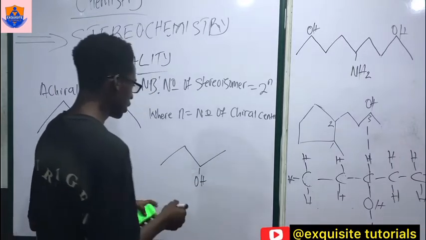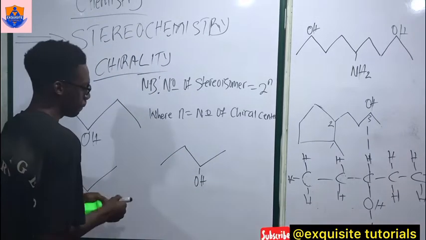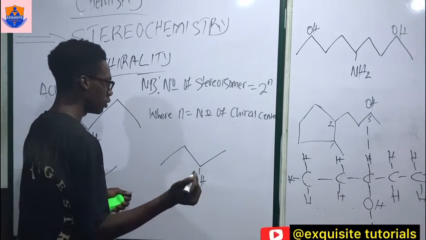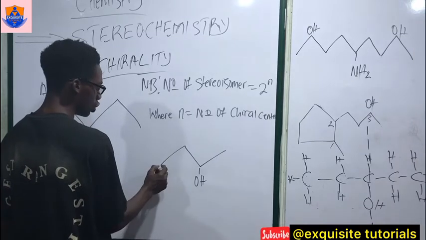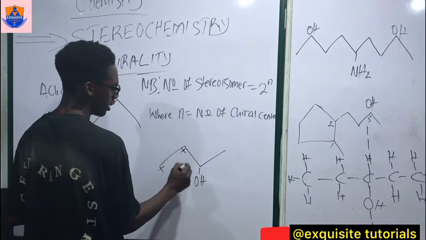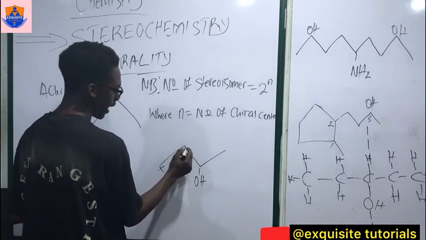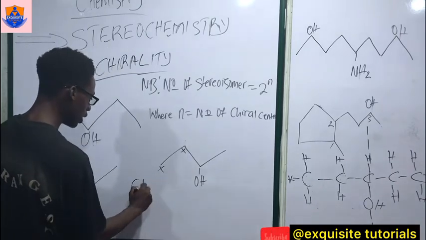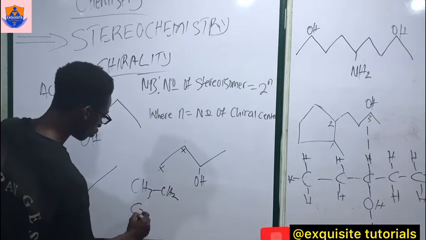Let's take a look at this compound. Is this compound chiral or achiral? This carbon here, you can bring out the structure yourself on your notes if you have a note there. This compound is having a CH3, so it is non-chiral. This is having a CH2, it is non-chiral. Then this carbon is bonding to this part, an ethyl group. This is an ethyl. This will be CH3, CH2, which is C2H5.